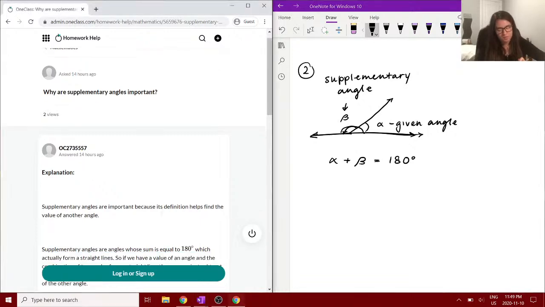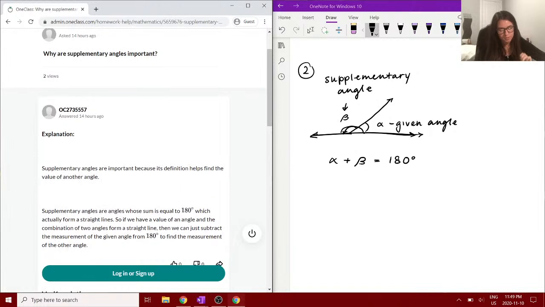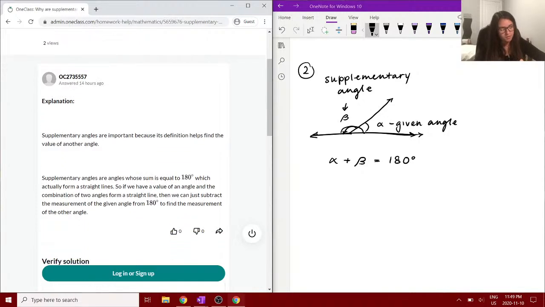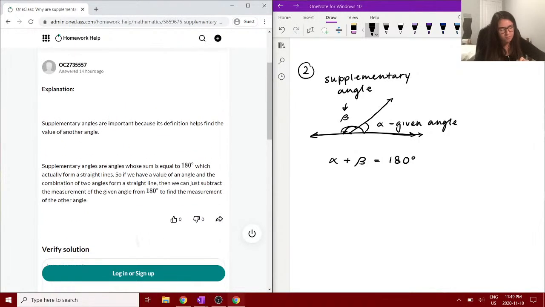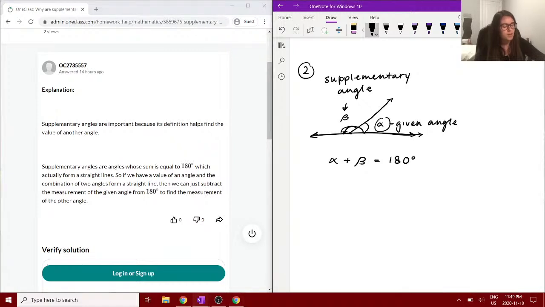I'm just going to read the explanation here. Supplementary angles are important because the definition helps find the value of another angle. So for example, if you want to find what alpha is, and you're given beta, you can figure out what alpha is.